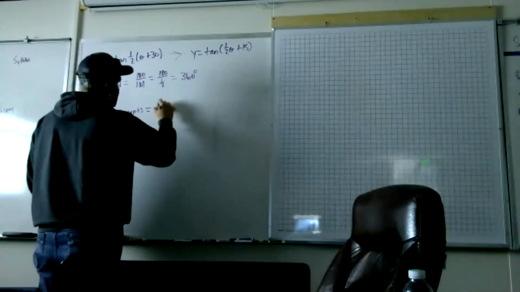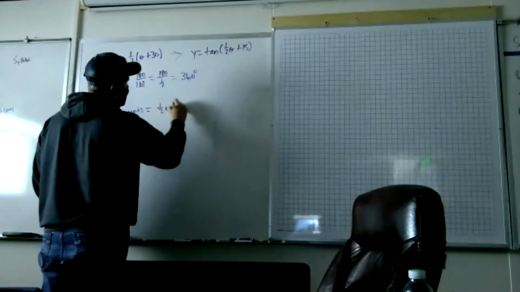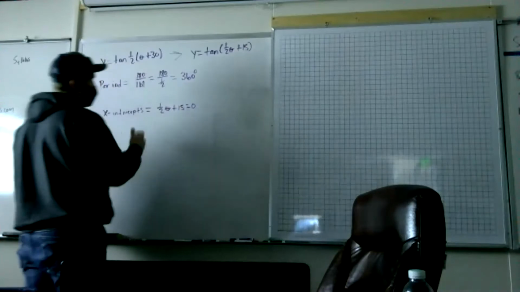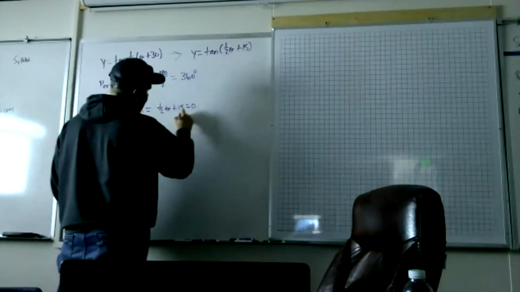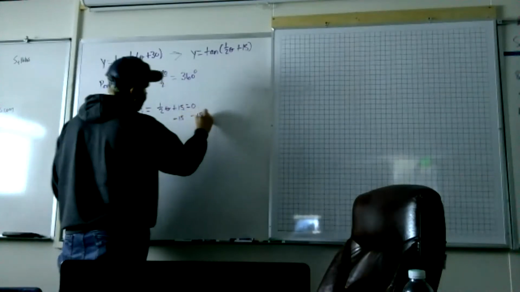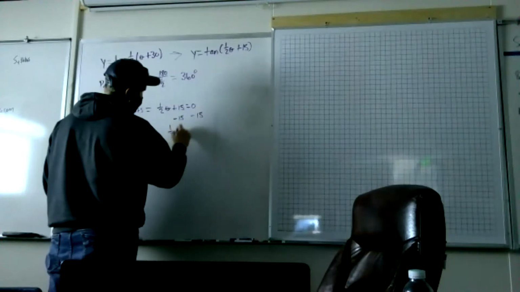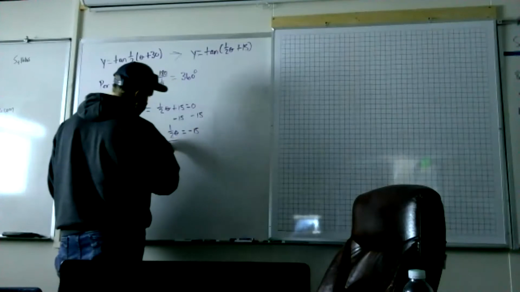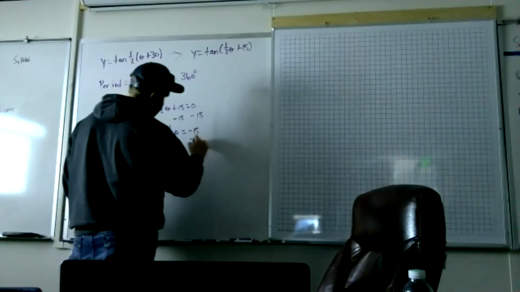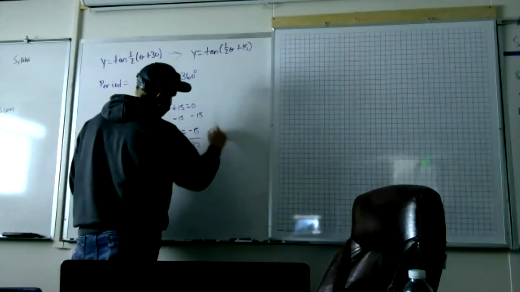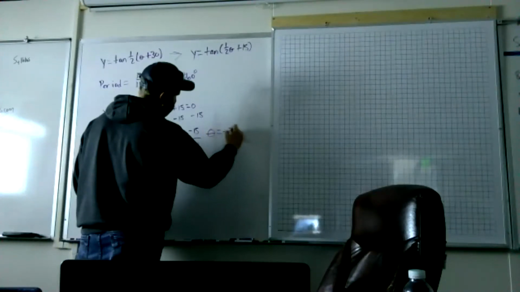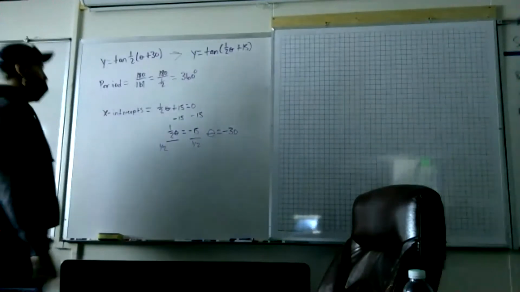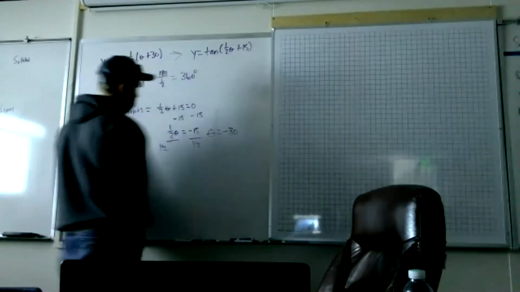So 1/2 theta plus 15 equals 0. Subtract 15 on both sides, leaving 1/2 theta equals negative 15. Divide by 1/2 on both sides, and theta is equal to negative 30. So that's my first x-intercept. The next one occurs when I add 360.